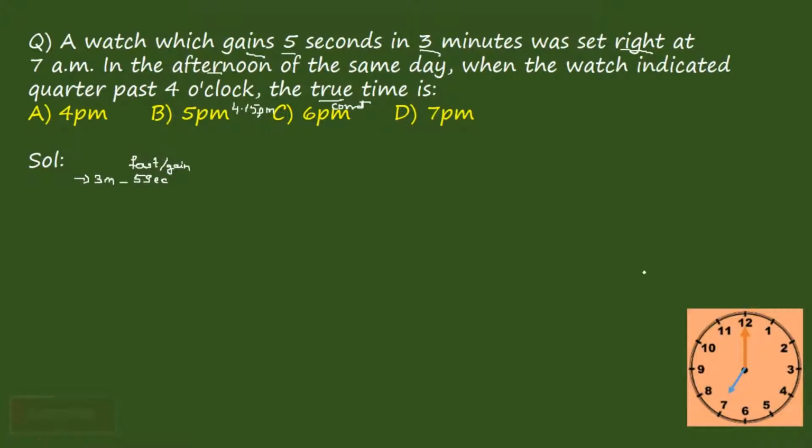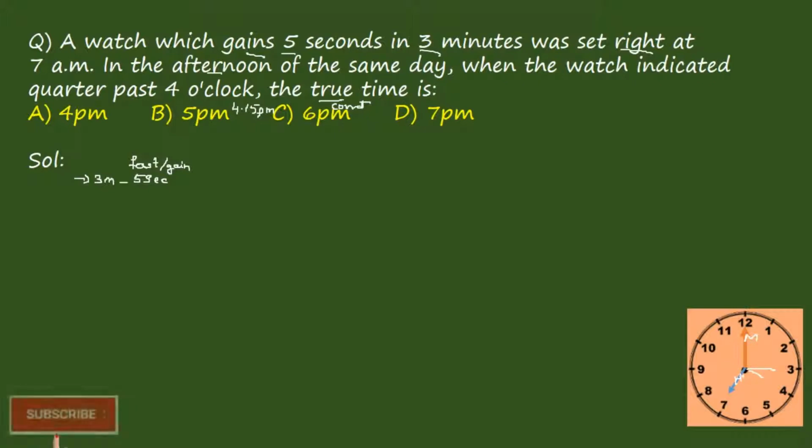To understand this particular question, first we consider a watch. They are talking about a watch which is fast by 5 seconds every 3 minutes. Right now it is set correctly at 7 o'clock. The hour hand is at 7 and the minute hand is at 12. Right now it has moved to 4:15.